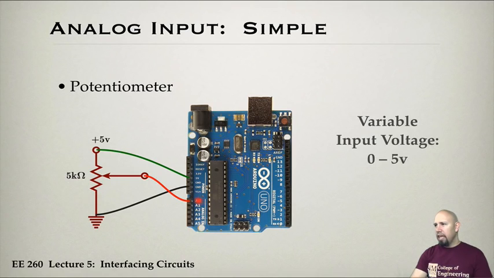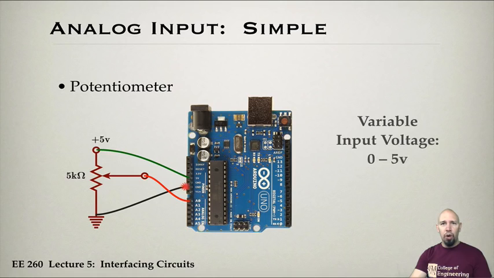Because the analog input has very little loading, the resistance that is seen from here to ground is very large inside the Arduino. And so if I were to set the wiper halfway between the top and the bottom, I should get 2.5 volts. There's no loading effect.